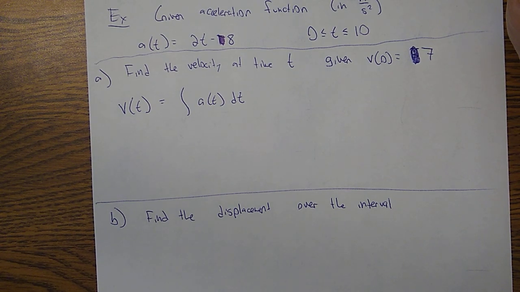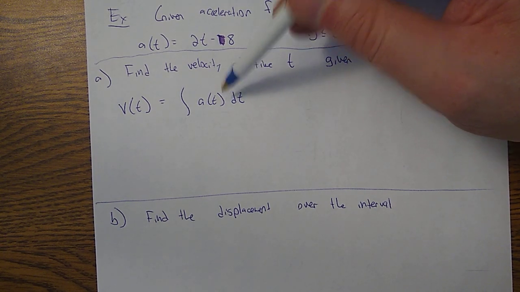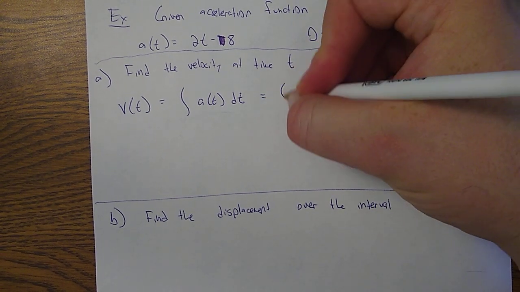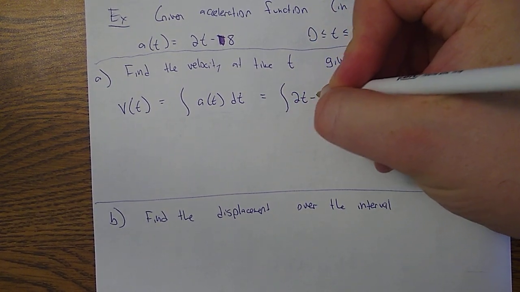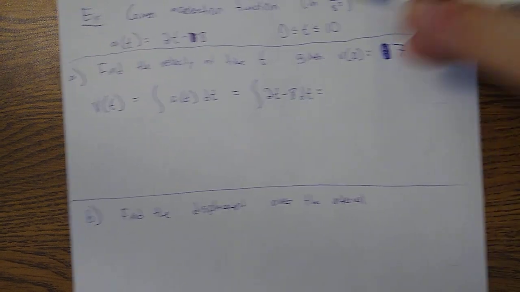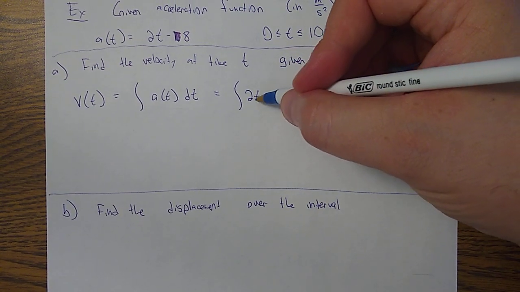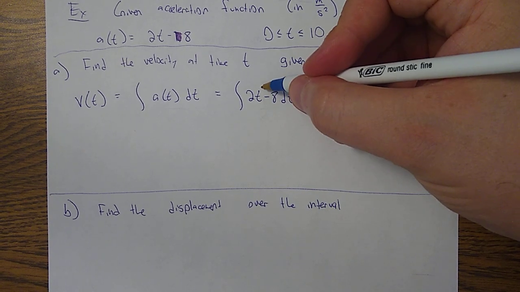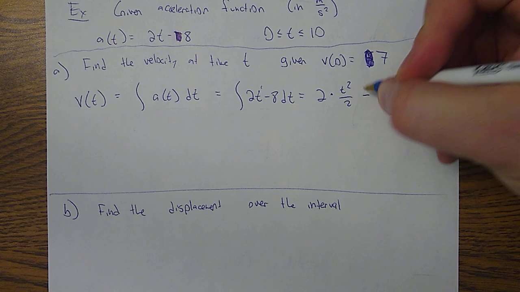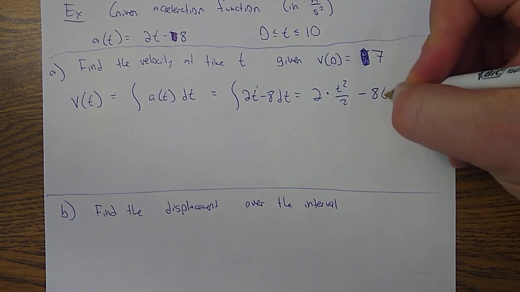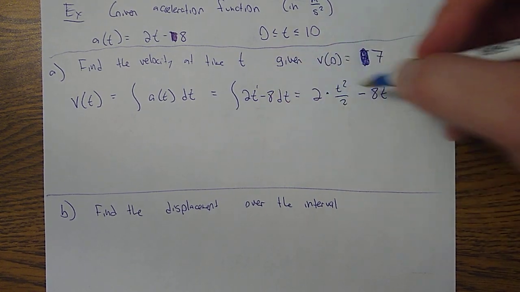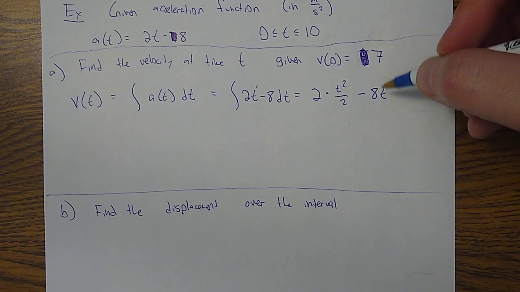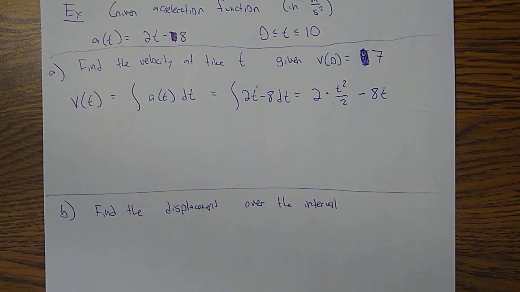And now that I have this notation for antiderivatives, I can write it this way. So this is just the antiderivative of 2t minus 8. And then this would be t squared over 2, because this is like t to the 1. And then the antiderivative of 8 would be 8t. The antiderivative of a constant is just that constant times t, or times x, or whatever the variable is.